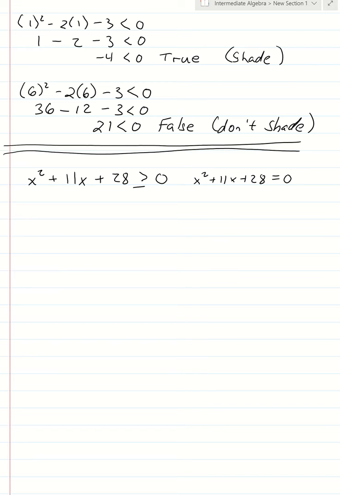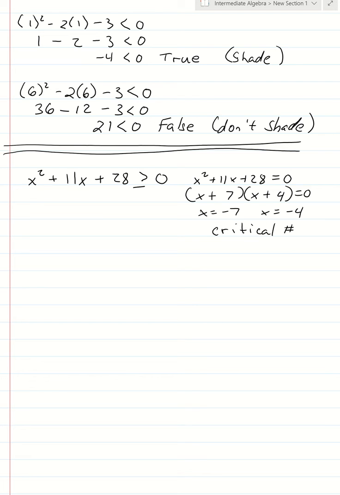We want to solve for x, the critical numbers. So this is factorable. Once again, x and x. Same sign, both positive. And factors of 28 that add up to a positive 11 would have to be 7 and 4. Solving, of course, for x, we get x equals negative 7 and x equals negative 4. So those are the critical numbers.